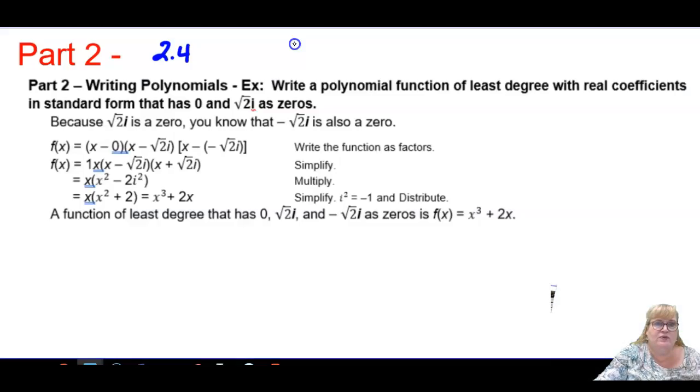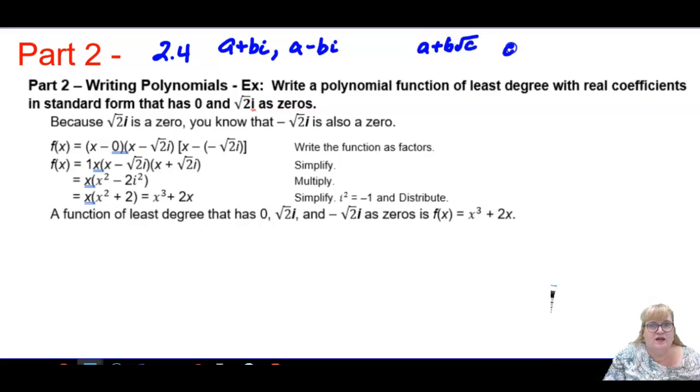The conjugate root theorem says that if a plus bi is a 0, you also have to have a minus bi, or if a plus b square root of c, then a minus b square root of c has to be one. I'm just making stuff up here for letters, but they come in conjugate pairs, okay?